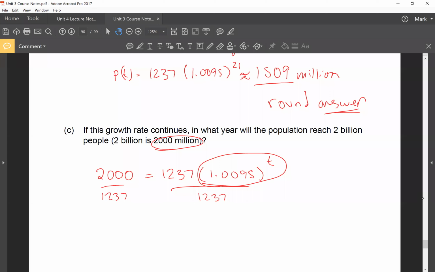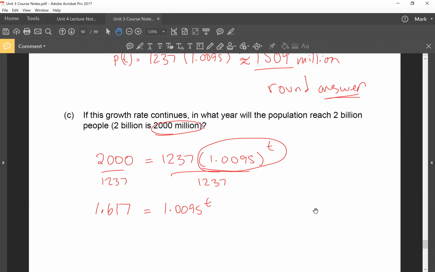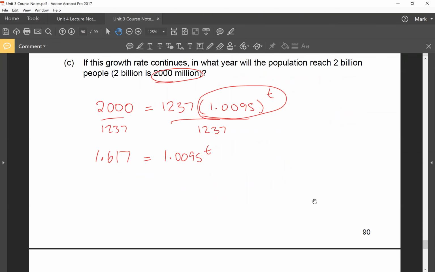So I do that on my calculator here, and I end up getting 1.617 equals 1.0095 to the t. Okay, so I'm going to take the natural logarithm of both sides.